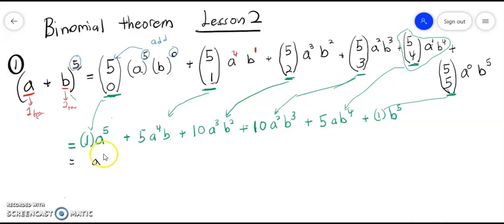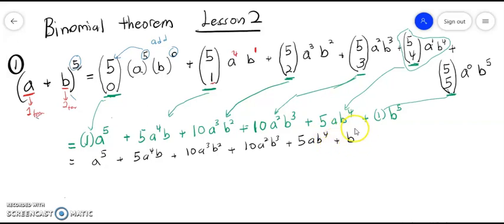So you'll be getting the A5, 5A4B, 10A cube B square, 10A2B cube, 5AB4, and here is finally B. Okay, so now there's one more thing you have to learn.